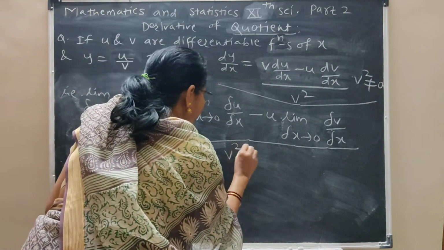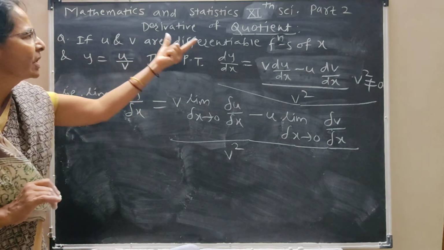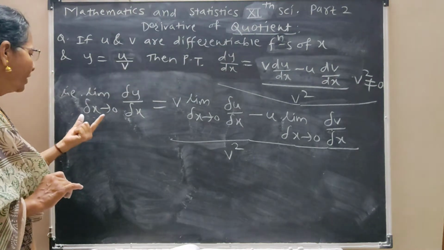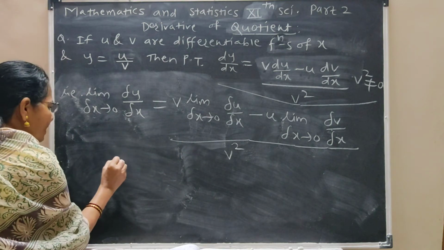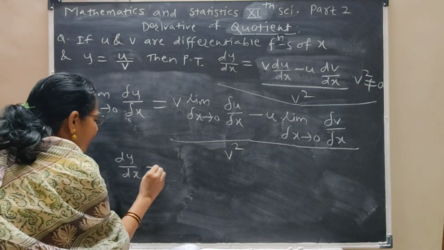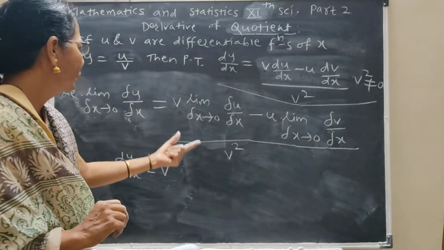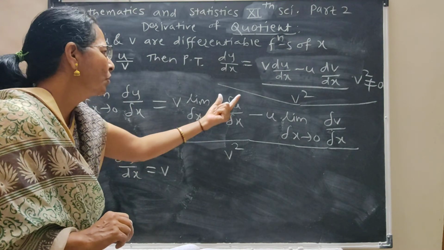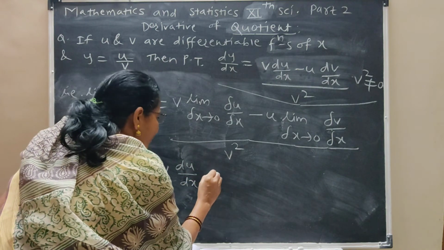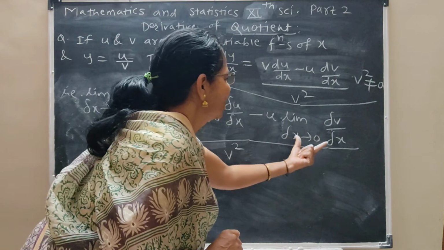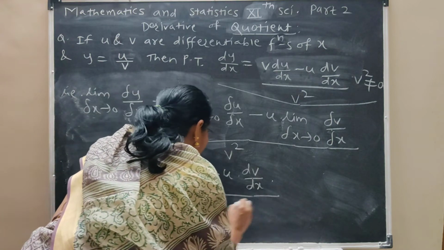Next step is this step. If u and v are differentiable functions of x, therefore limit as delta x tends to 0, delta y by delta x is dy by dx. Limit as delta x tends to 0, delta u upon delta x is du by dx, minus u, similarly this value is dv by dx, upon v square.